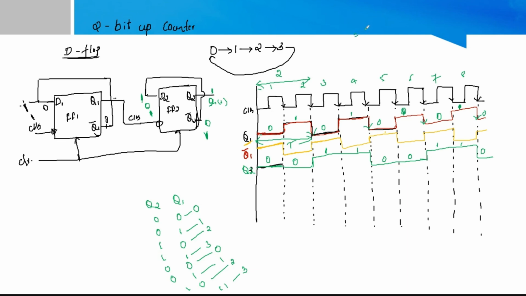Nothing but it is a 2T, right? 2T is nothing but frequency is dividing by 2. What is frequency? 1 by time period, right? So it will be dividing the frequency. So here nothing but it is taking 2 clock periods.